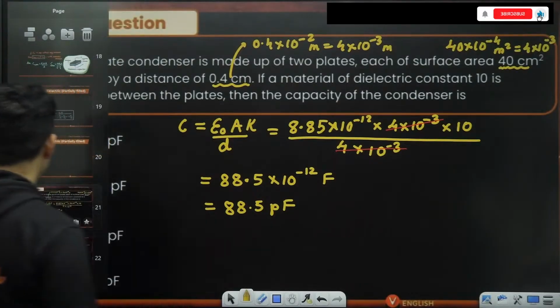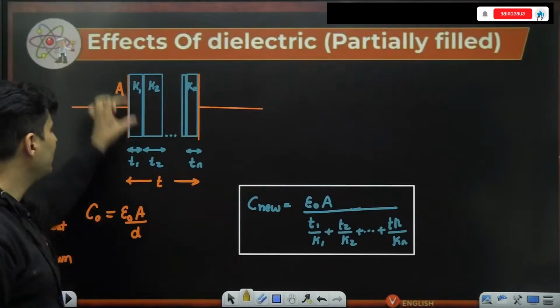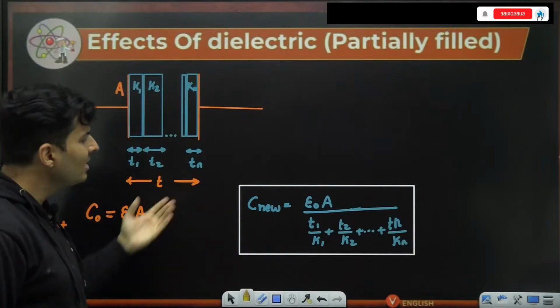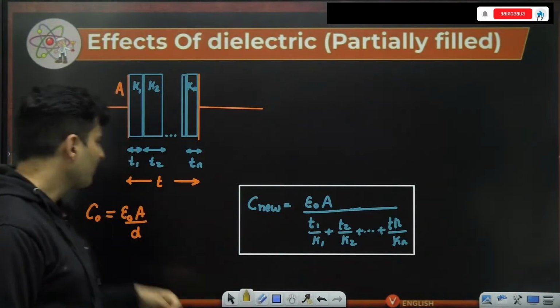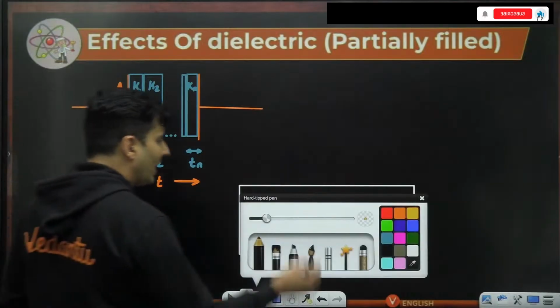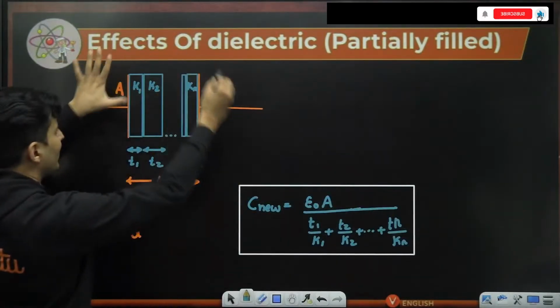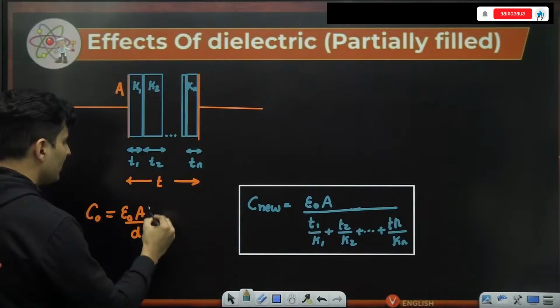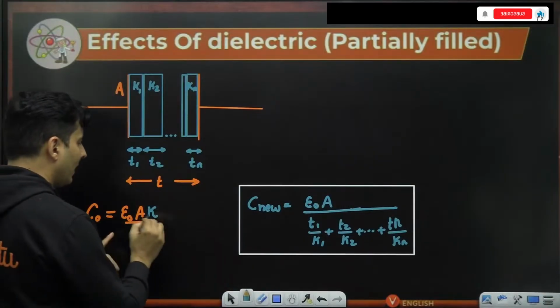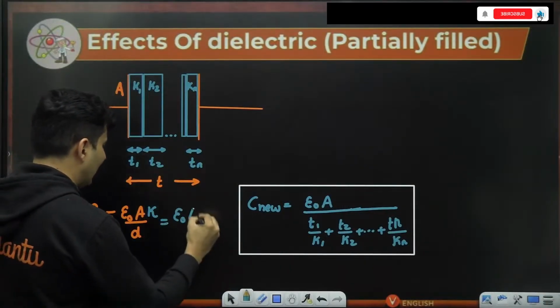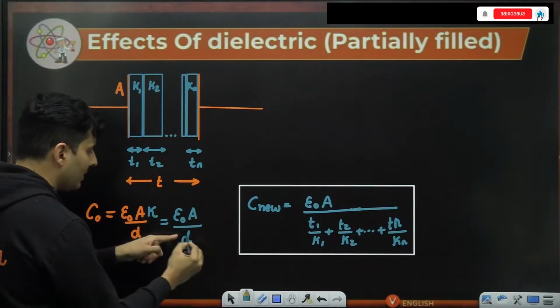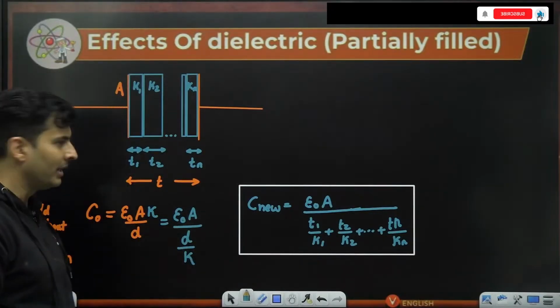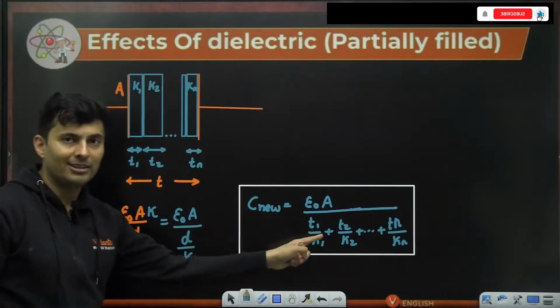Pavi, it comes via the series combination. Actually, all these are small capacitors in series. So there is a small derivation for that also. From that it comes. Another way of looking at it, imagine this thing was completely filled with a medium. So this would be K, which is the same as writing epsilon naught A by the total distance by K, because K on the numerator is 1 by something in the denominator. Now compare this formula with this.